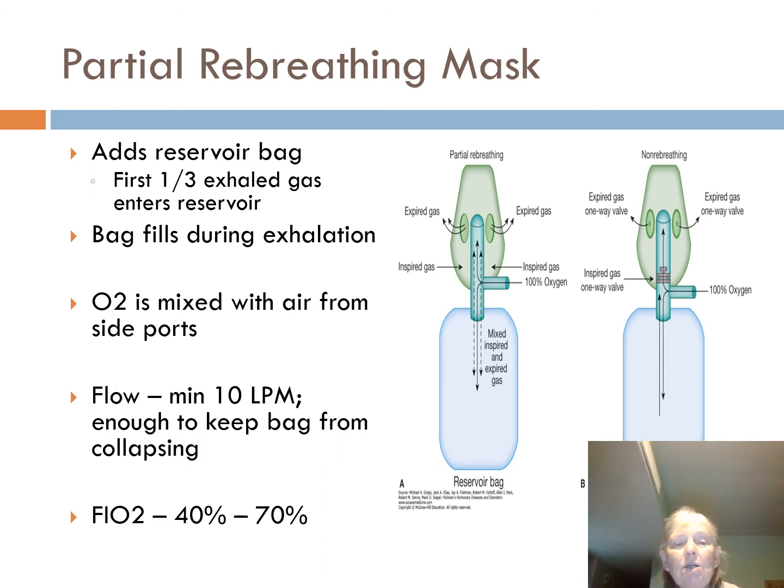What you're going to see too is you can also entrain some outside air through those little openings. Don't count on it for a long period of time, because your CO2 is going to start building up, just like with the simple mask. The flow in the book will tell you the minimum is 10 liters per minute, enough to keep the bag from collapsing. These have an FiO2 of 40 to 70%.